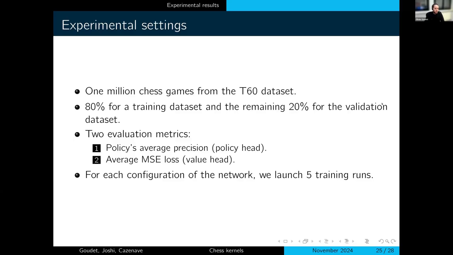And we calculated two types of metrics evaluated on the validation set, which are the policy's average accuracy and the MSE loss on the evaluation value returned by the value head. The results are averaged over 5 training runs for each configuration, and each training session is run for 20 hours on a GPU.